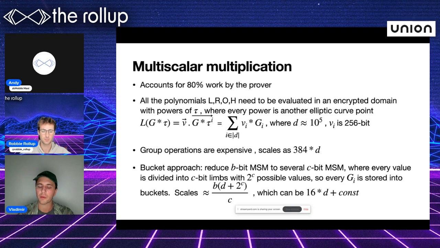It's a transparent Zcash SNARK, which means it doesn't need a trusted setup ceremony, and it still has very nice features from the standpoint of proof size and verification time. They have these nice new curves which are not supported in the EVM, but maybe that will change in time.